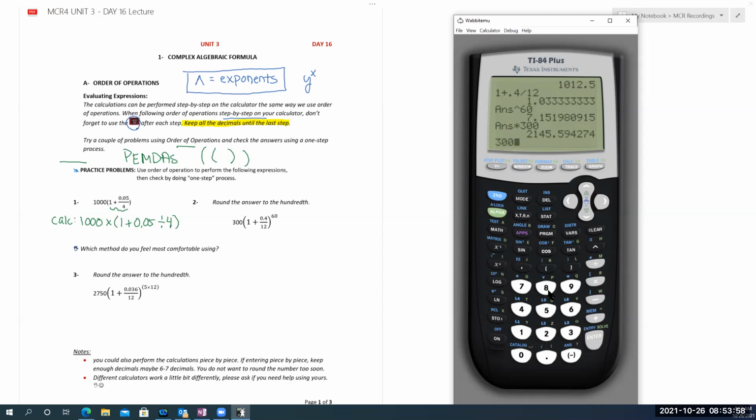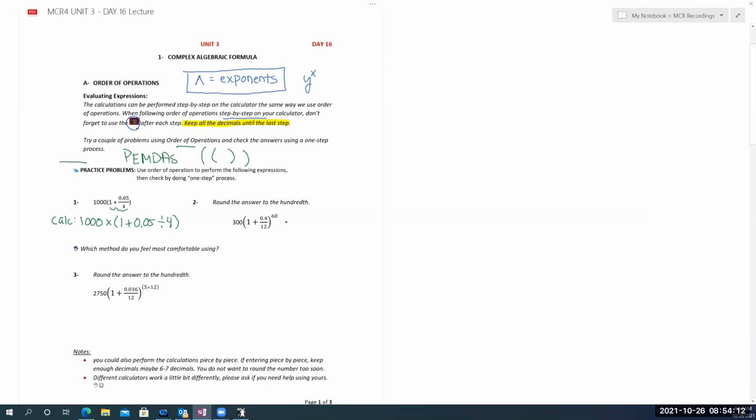It just depends on how good you're feeling here. Just make sure you put the parentheses in the right spot and you really do get the same answer. And this is rounded to the 100th, which is 2 decimals. And again, it's money, so really make sure that you do have it rounded correctly.